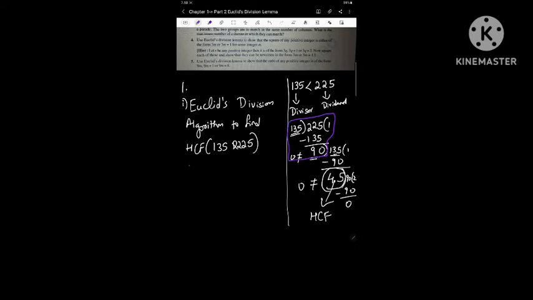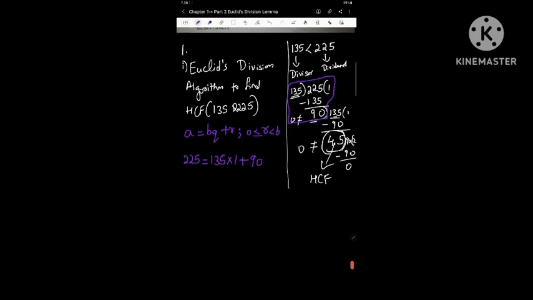So how we can write it is, we know that Euclid's division algorithm is a equals bq plus r, and the condition for r is that r should be greater than or equal to 0 and less than b, right? So what is our a here? That is 225 equals 135 into 1 plus 90, right? So the next step will be this stage.